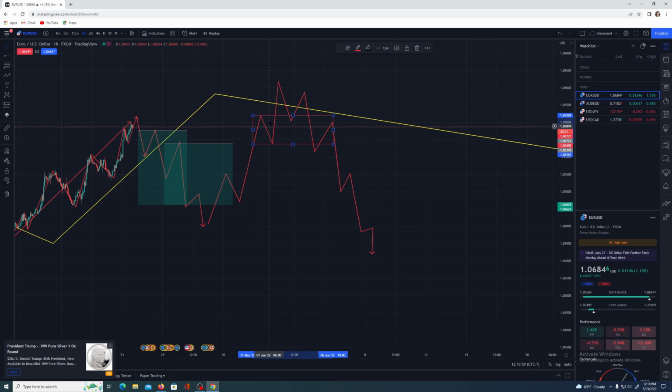And then the moment that it broke structure to the upside, right? This became the last move down. Now I'm waiting for an entry at the 50% of this. And it came back down, right? It moved up. So at this point, it's not a break of structure to the downside. It's not a break of structure to the upside. Why? Because this one hasn't broken structure yet.